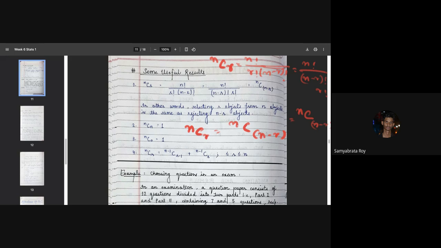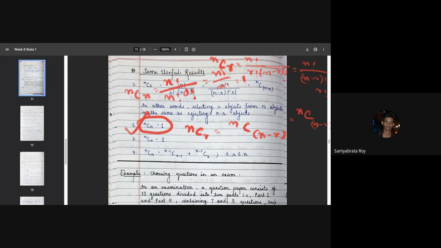Now, what will be nCn? nCn is nothing but n factorial by n factorial into 0 factorial, which is n factorial by n factorial, which is 1.